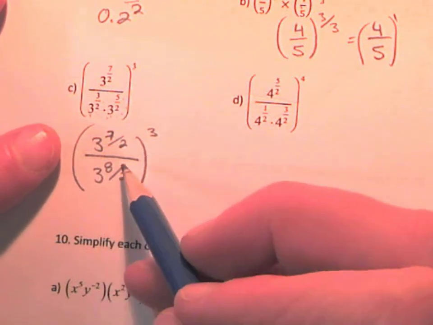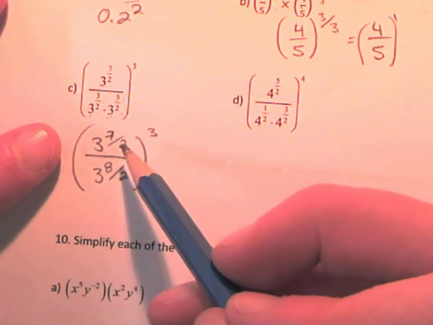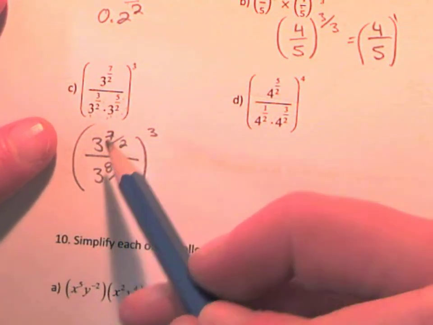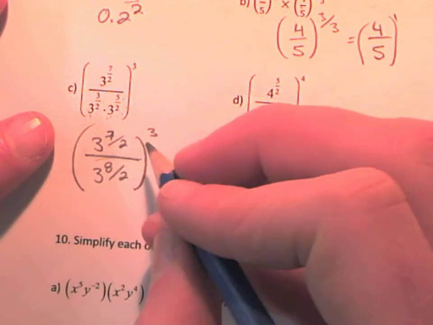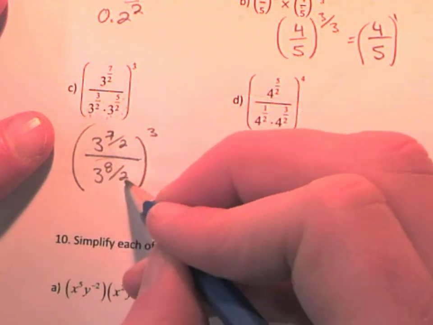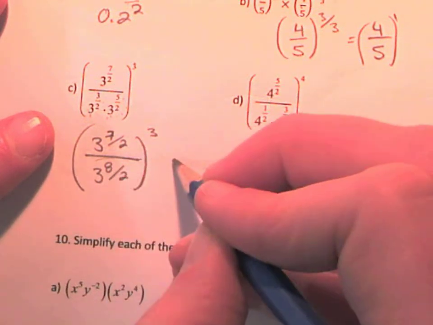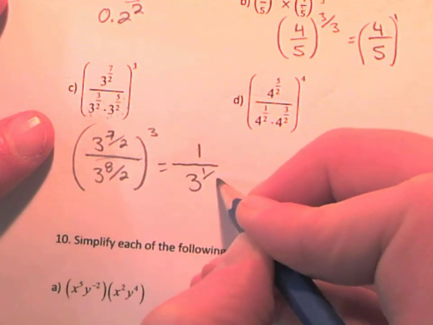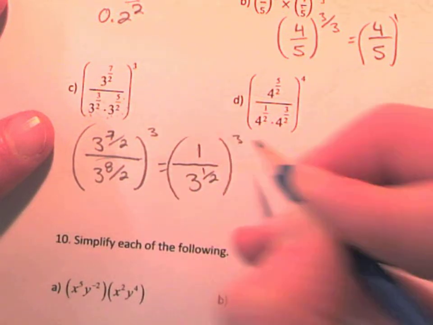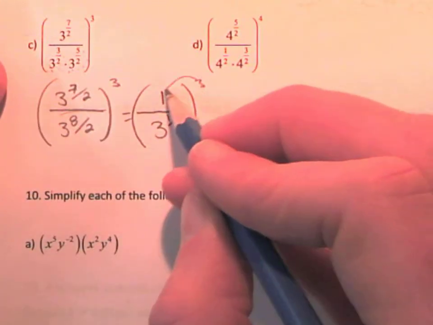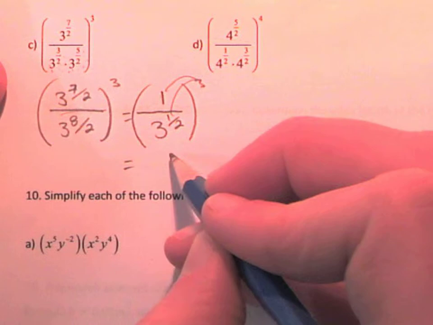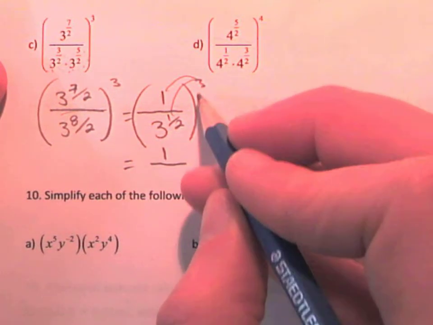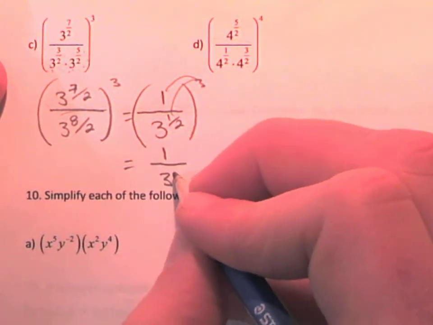And then here, if we look at this, we can go 8 over 2 minus 7 over 2, because we're dividing, which gives us 1 over 2. But we put it where the bigger number was. So it's going to equal 1 over 3.5 to the power half, cubed. And then we'll bring this 3 to the inside, and we get 1 over 3 times a half is 3 over 2.